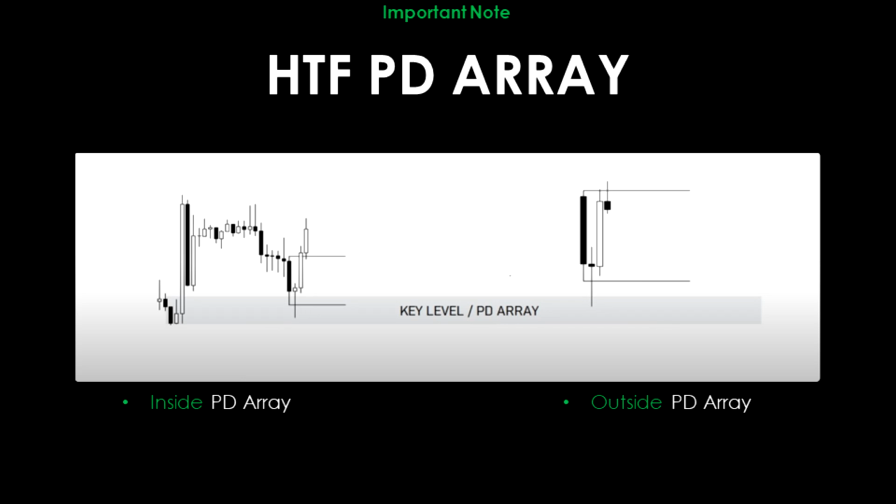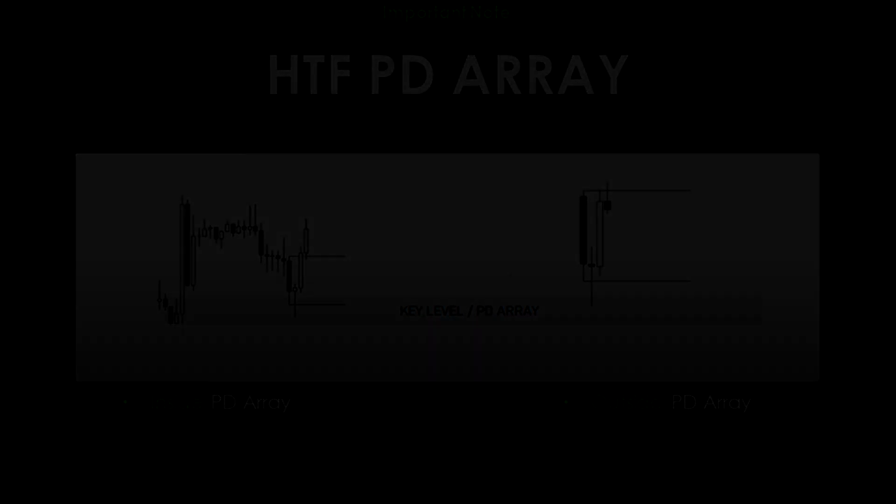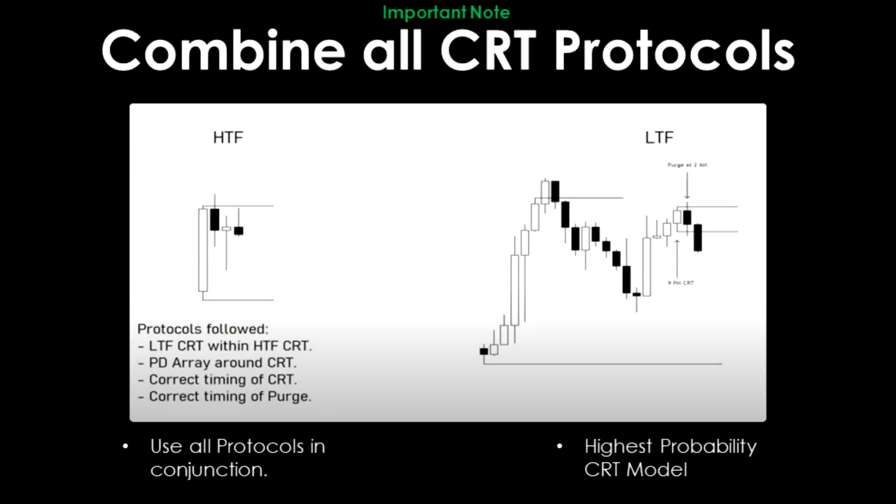Out of these two, the highest probability CRT is the outside PDRA, because only the second candle of the CRT range tests the PDRA. This makes it a high probability CRT, with the high timeframe PDRA acting as a catalyst for price expansion higher. As I mentioned before, you're going to combine all of these protocols and use them together. This way, you'll end up with a higher probability CRT.